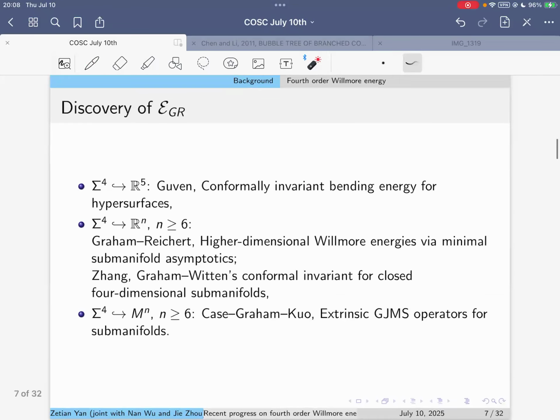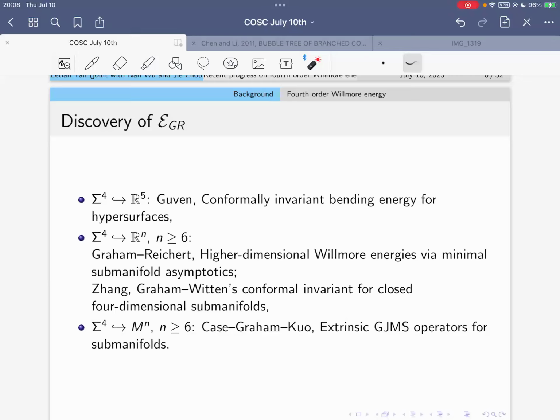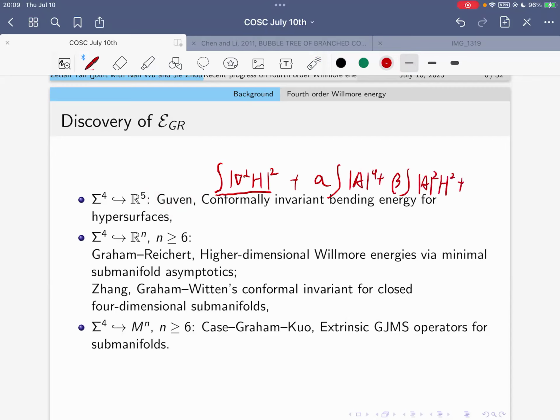So the discovery of this functional: firstly, it was discovered by a physicist, Gover. Gover's idea is the following. He would like to find a functional with a leading term, the gradient L2 norm of mean curvature, plus several potential low order terms.